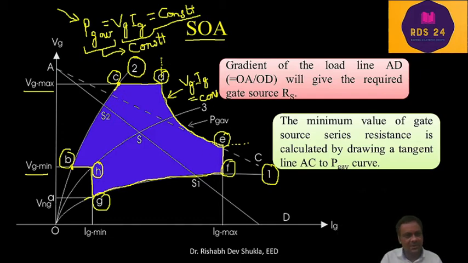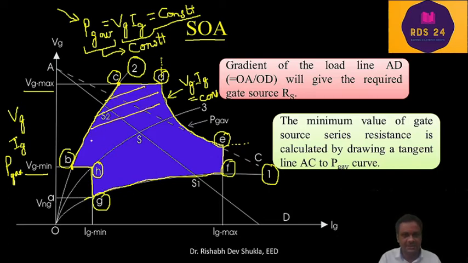In order to have a reliable, effective turn on, our operating point and all other limits of gate voltage, gate current and gate power dissipation will lie within this loop, which is nothing but B, C, D, E, F, G, H. So our safe operating limit will be like this.